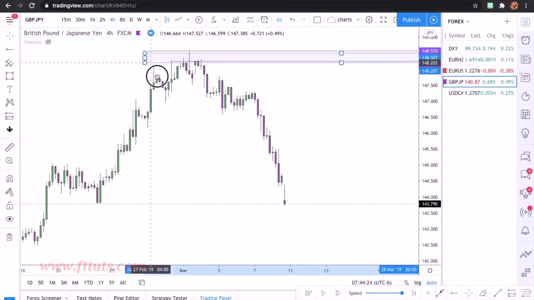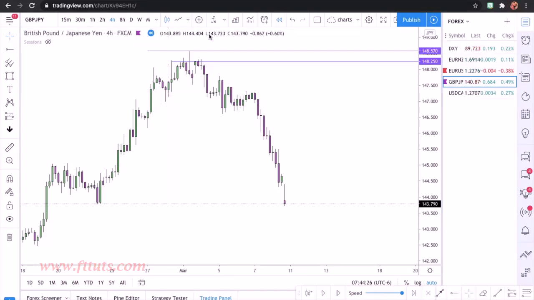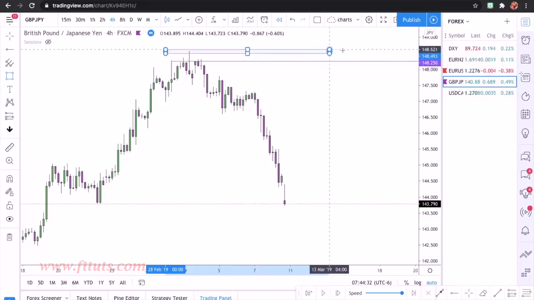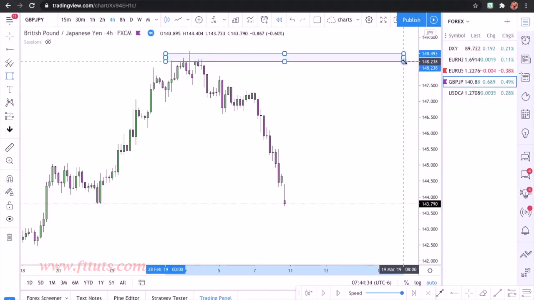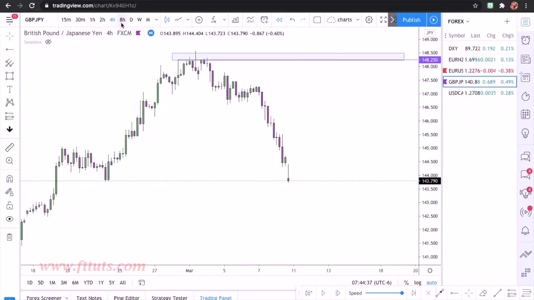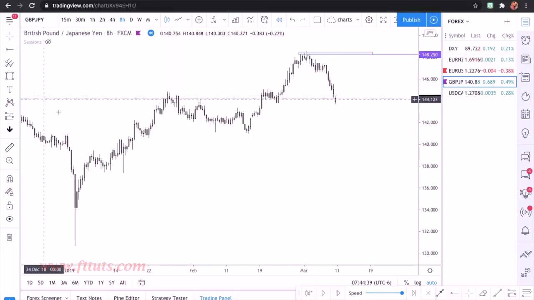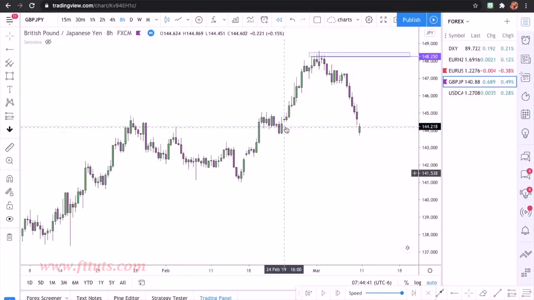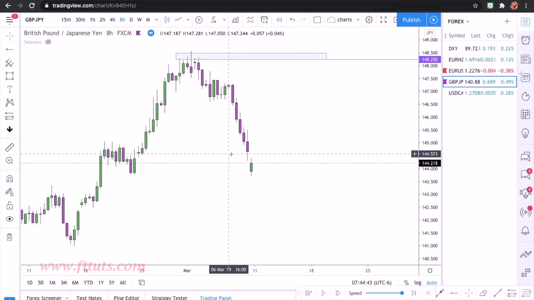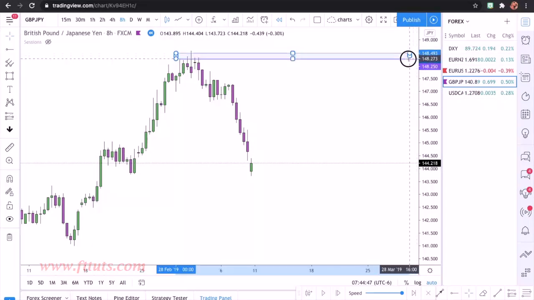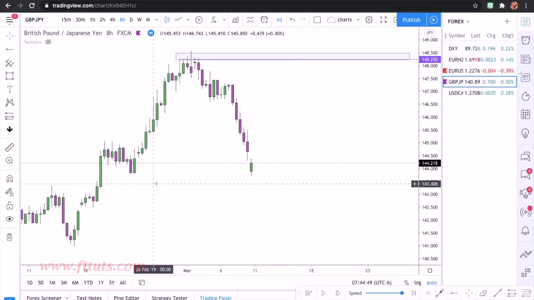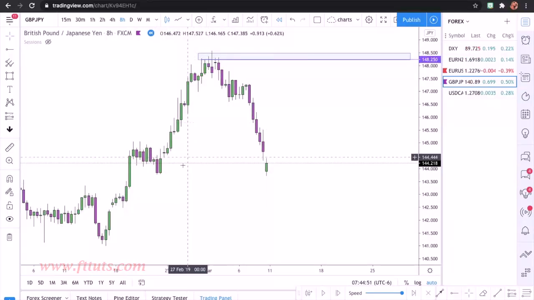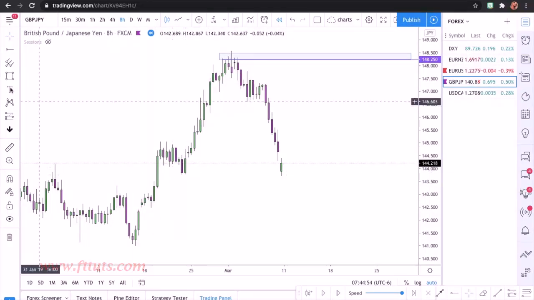Like I said, I would put a zone here. Okay, so this is what I'm looking at. You're not marking over here, it's irrelevant. You're marking up where price is currently and where price is going. For example, we have a reversal here and a support level here.